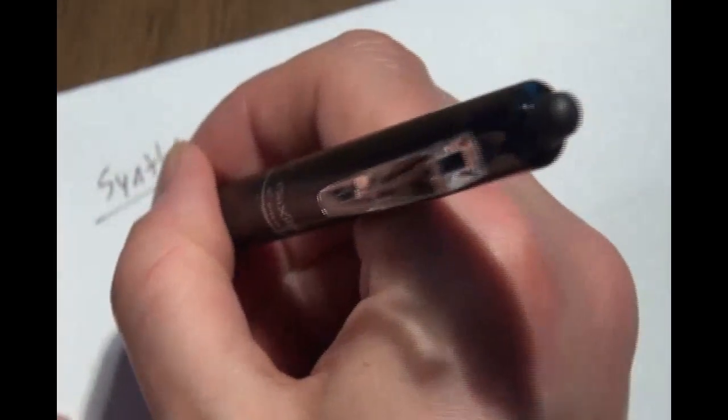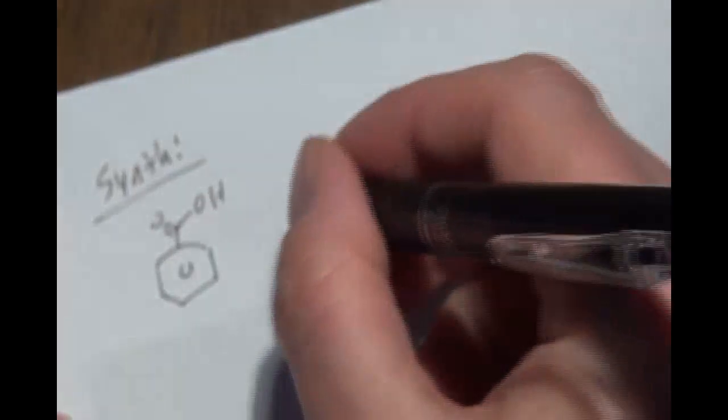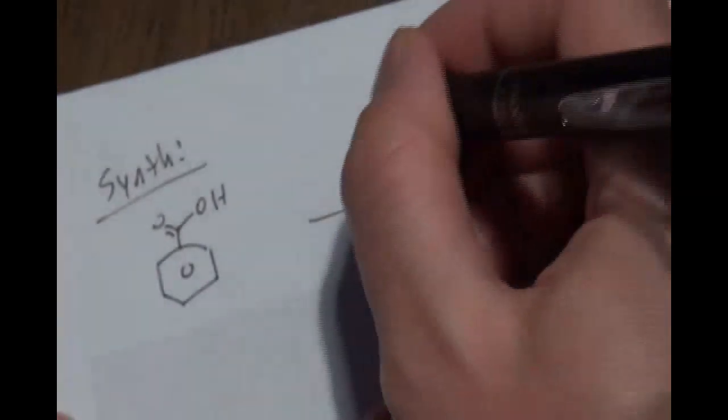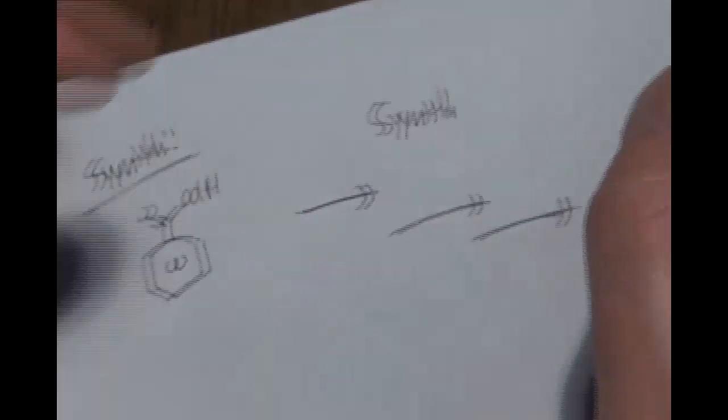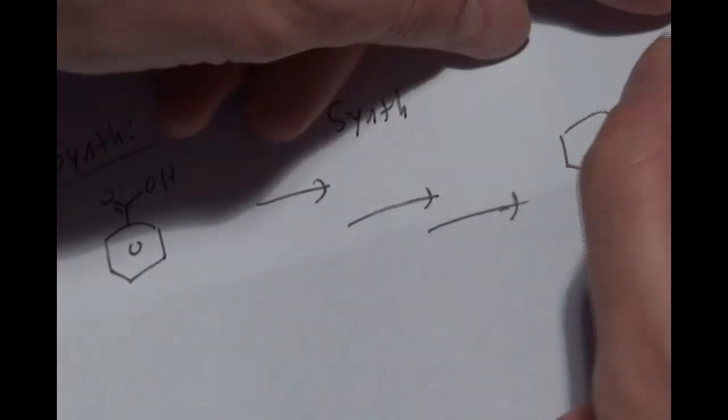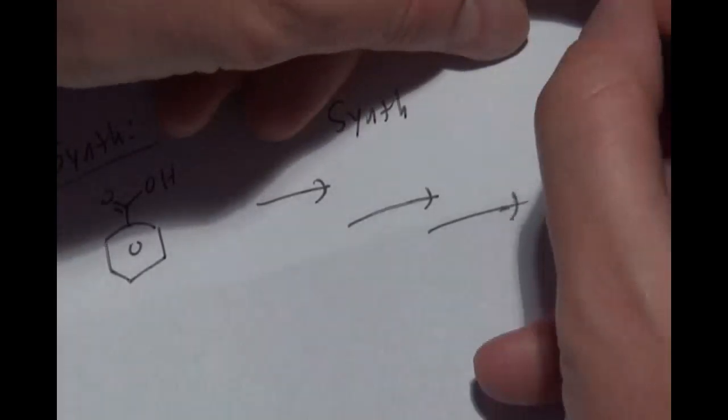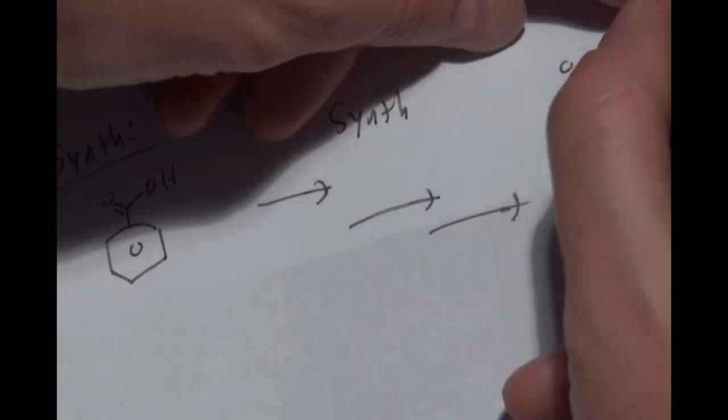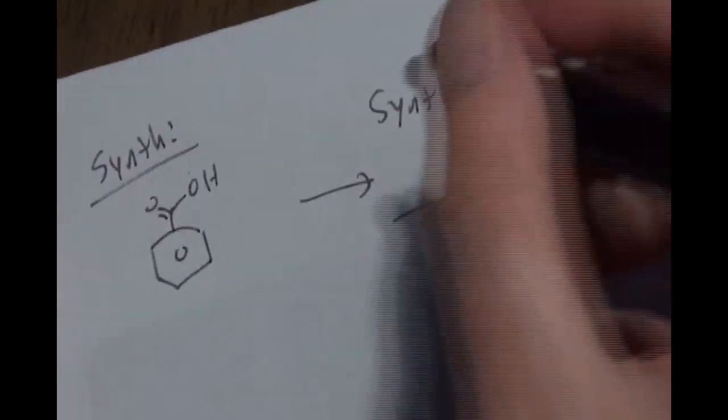Okay, so let's see it. Let's think about this synthesis, and we're going to start with this aldehyde, and we'll go all the way along the synthesis to that carboxylic acid.